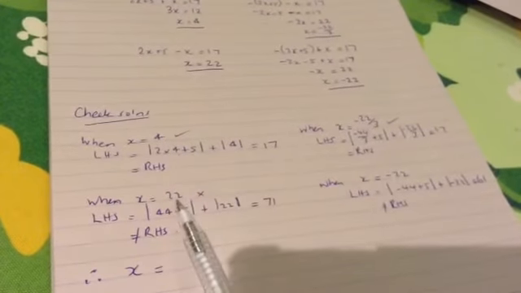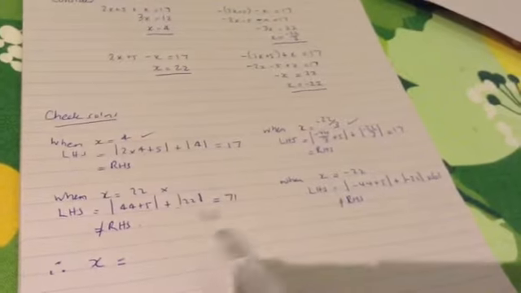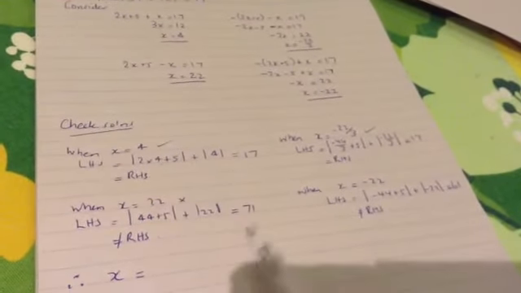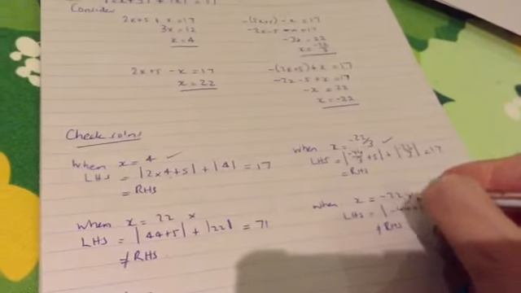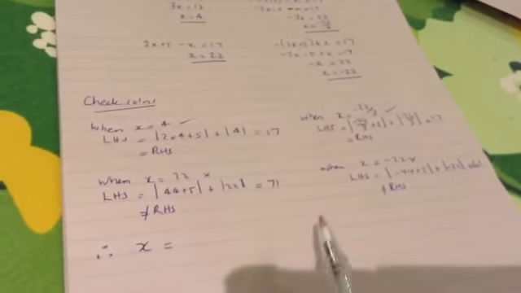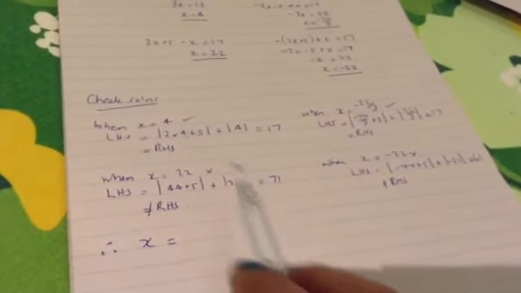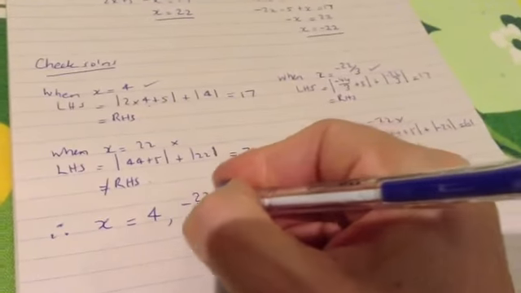But x equals 22 and x equals minus 22 I found did not satisfy the original equation, so they are not solutions. Okay, I'll put a cross on that. So do that along the way, tick and cross, so you can see clearly how you should conclude. And we will conclude that x is equal to 4 and minus 22 on 3.